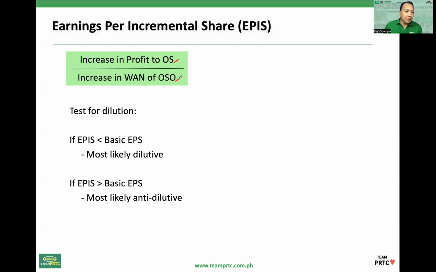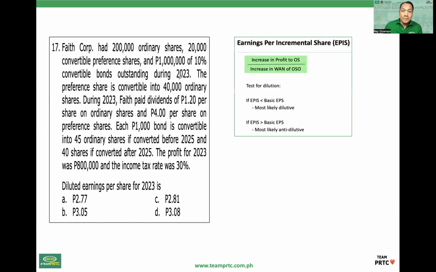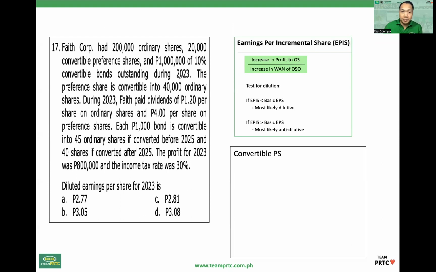Okay, so again, yung ating basic dyan ay 3.6. So let's see. Okay. Again, as computed earlier, yung ating basic 3.6. So let's test for dilution. Unahin natin yung convertible PS. Pag si convertible PS na convert na, naging ordinary na, anong effect niyan? Increase in numerator, kasi mawawala na yung PS dividend. So kung si PS ordinary na, wala ng PS dividend.